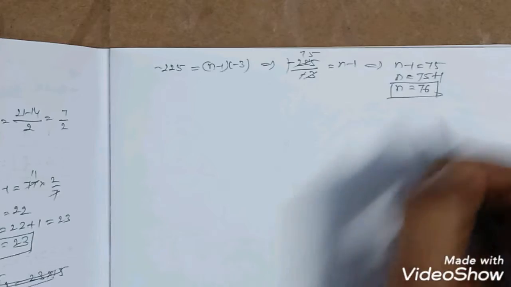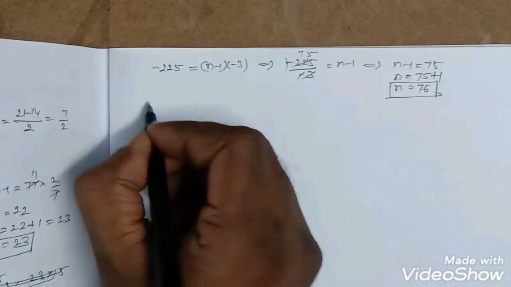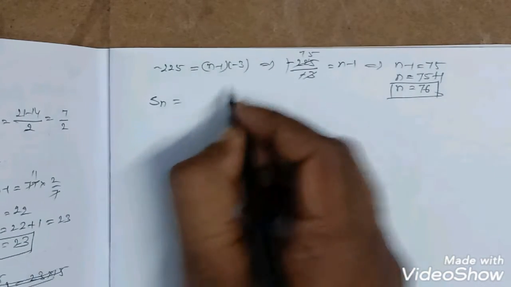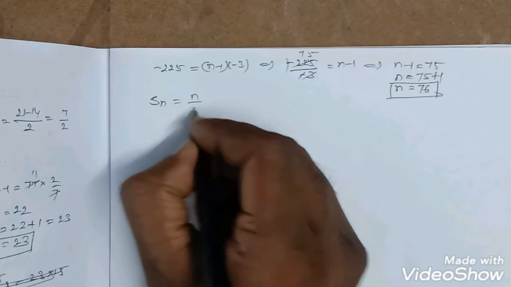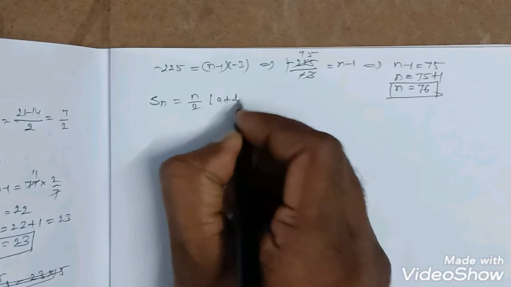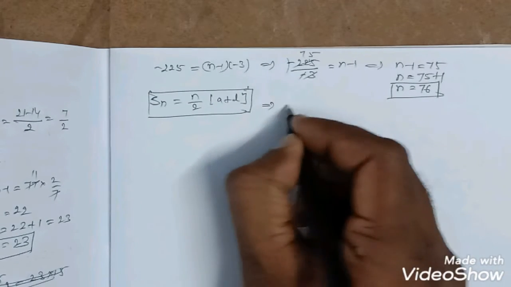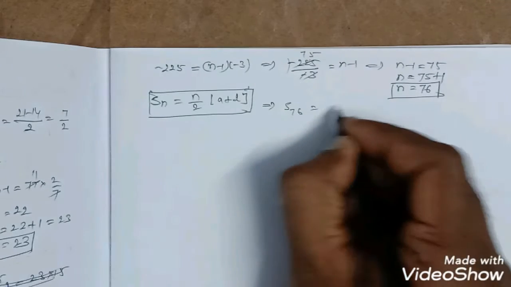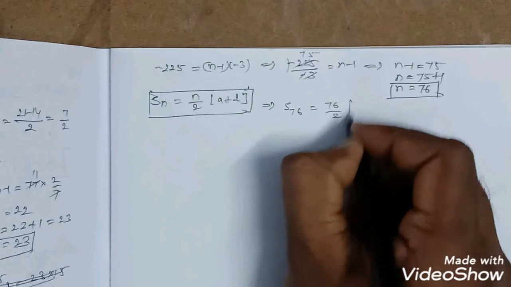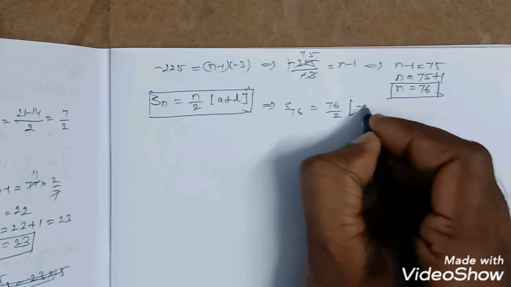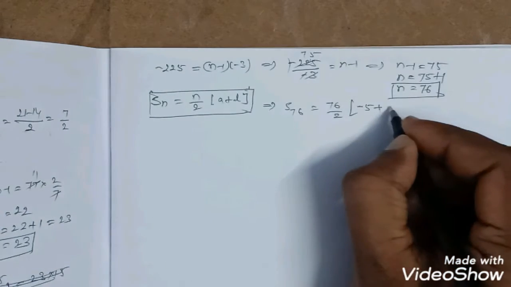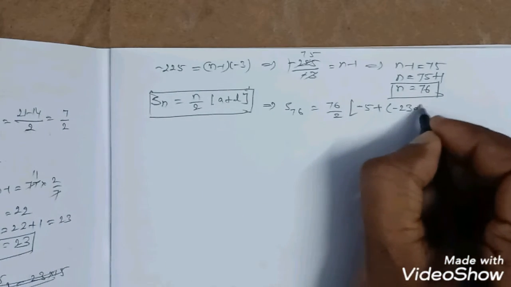So after getting the number of terms equal to 76, then you have to find the sum of terms. Sum of n terms formula is n by 2 into a plus l, right? So after substituting this here, S76 is equal to 76 by 2 into a value. So a value is minus 5 plus last value is minus 230, right?